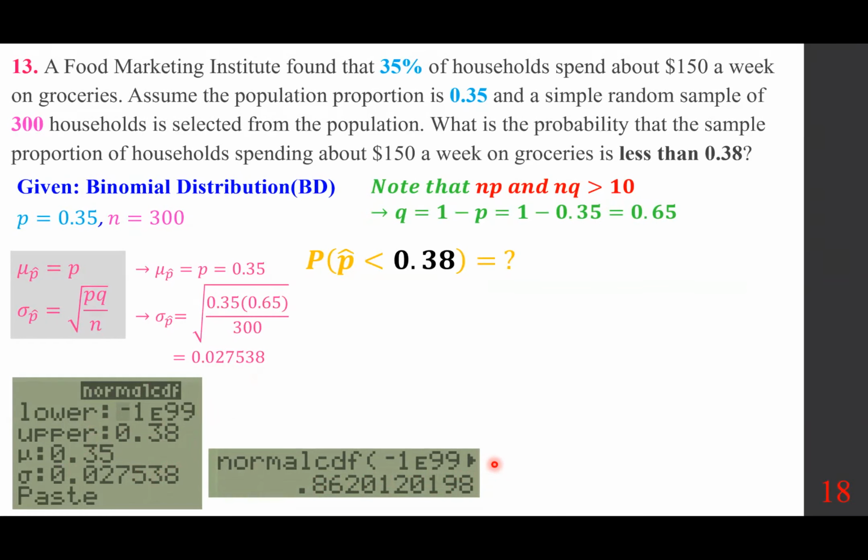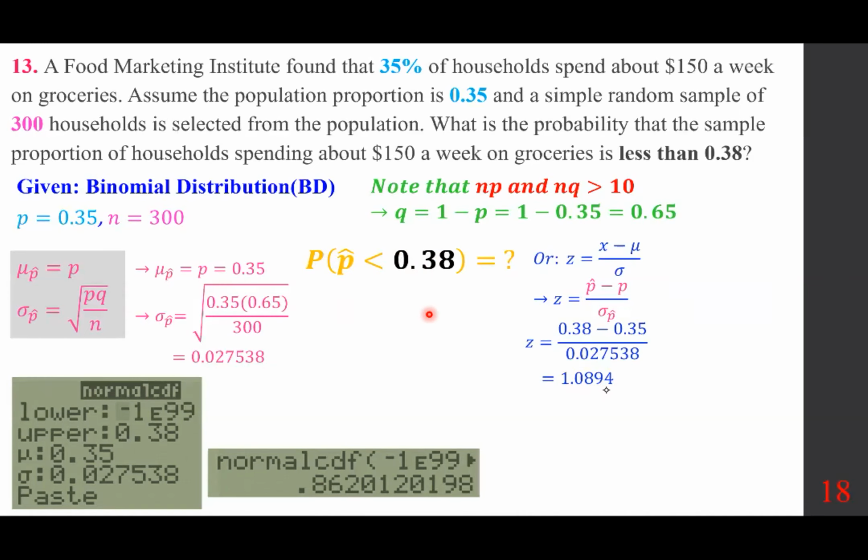Or if you want to use Z equals X minus mu over sigma, you can use P hat minus P over sigma of P hat. P hat is 0.38, P is 0.35, and sigma of P hat is 0.027538. You can use that. And the Z score becomes 1.0894. So it's the same as saying P of a Z less than this number.